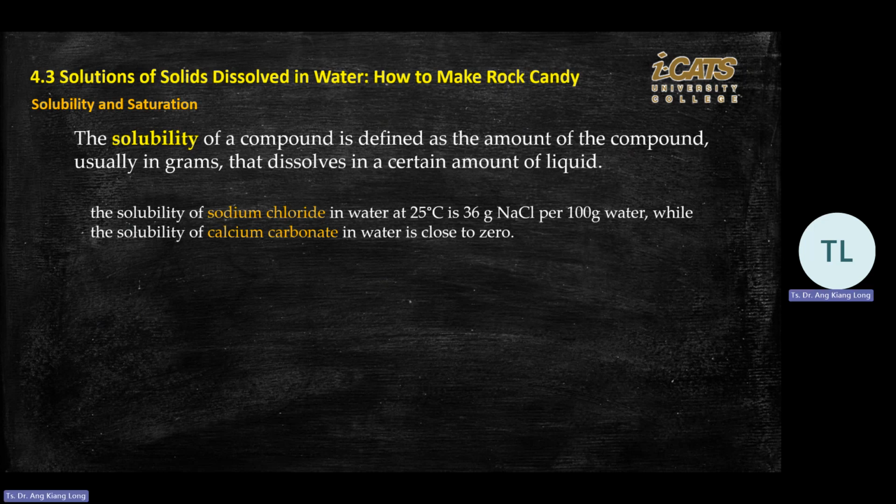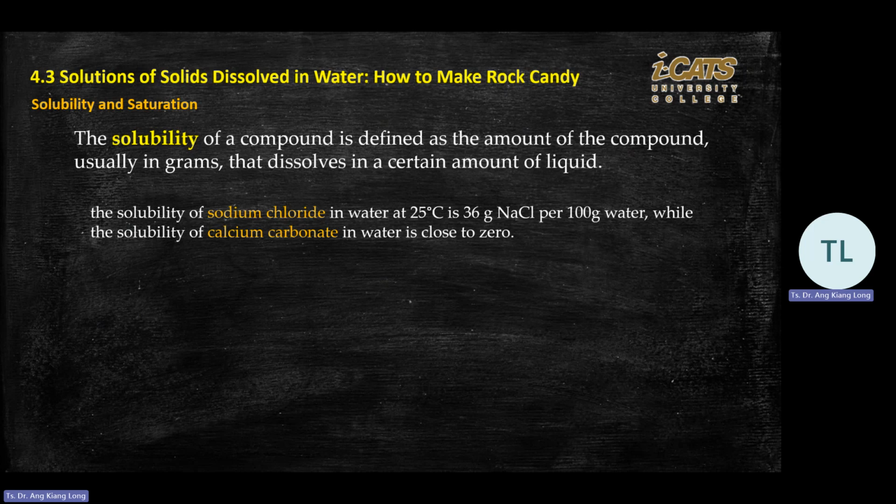Meaning you will see 1 gram at the bottom of the container. 36 gram of NaCl is dissolved in the water, then you see 1 gram at the bottom.